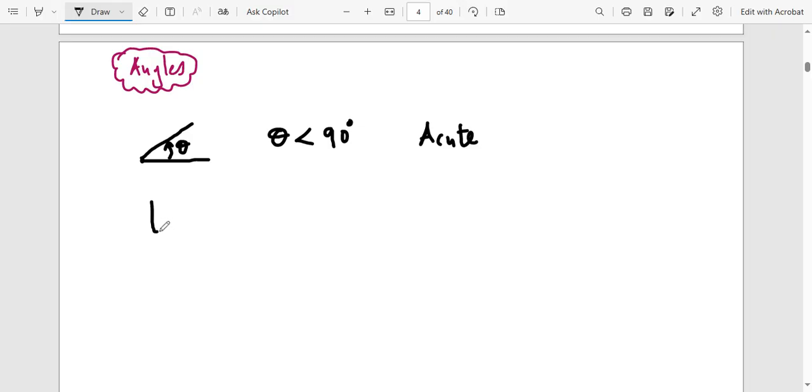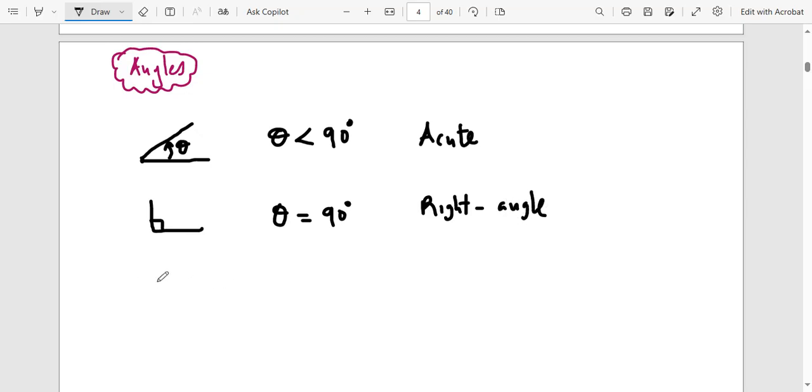Now we have an angle that is exactly 90. Theta is equal to 90 degrees. What do we call that angle? The right angle. Excellent.